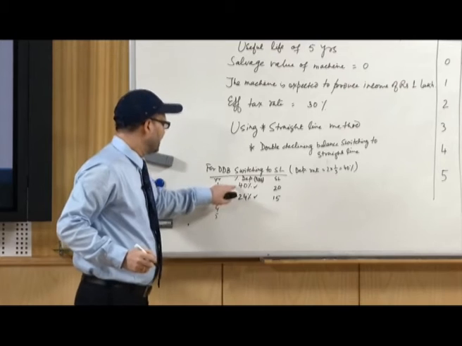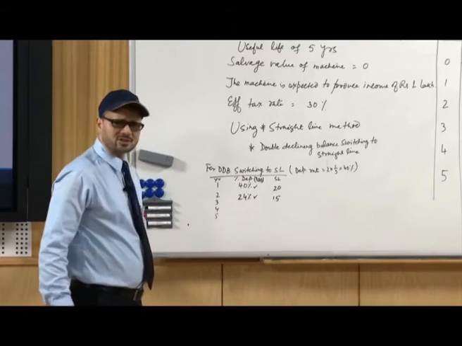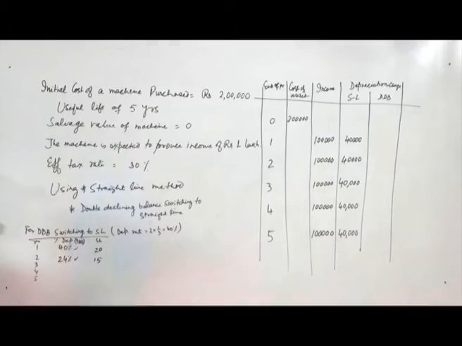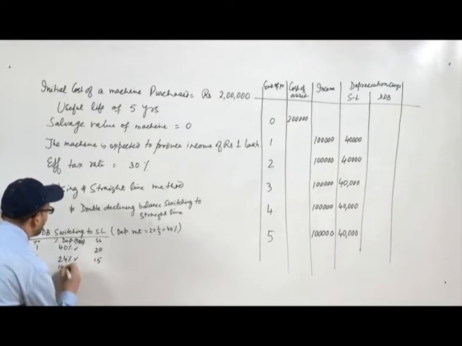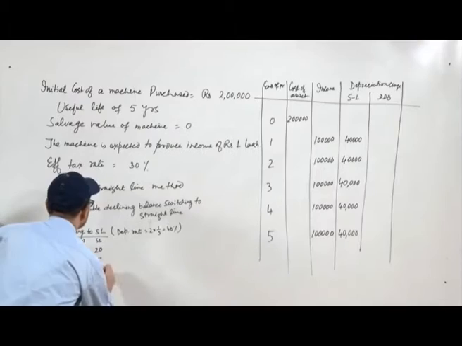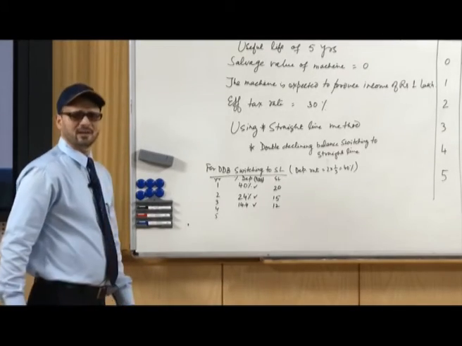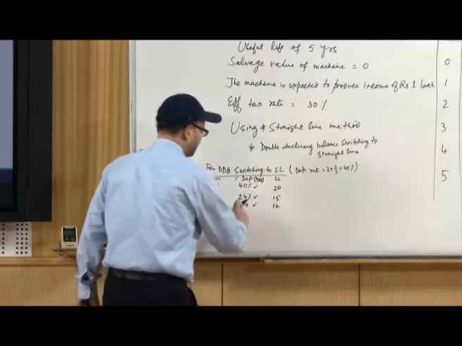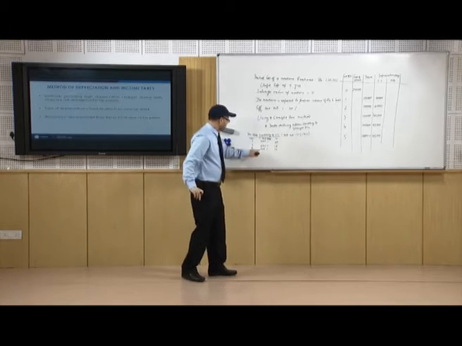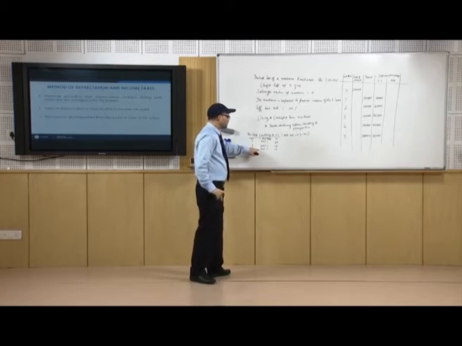In the third year your book value remaining is 36. So, in the third year using DDB, 40% of 36 is 14.4, and here you have 3 years remaining, so it is 12. Again DDB is taken. In the fourth year you have the book value as 21.6.